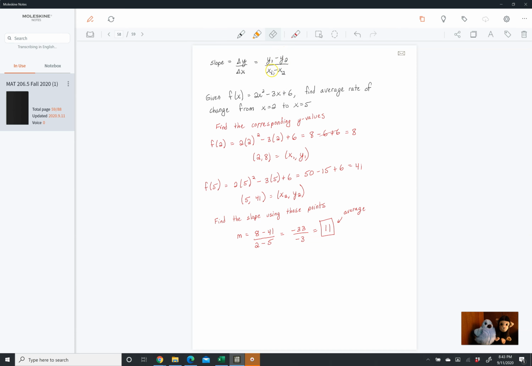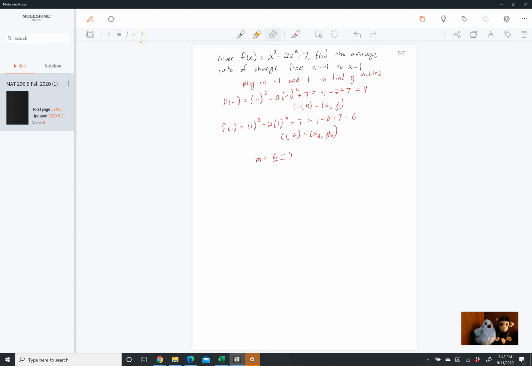It gives you the same answer because you wind up with just a negative over a negative. So 6 minus 4, as long as you're consistent, if you're putting this 6 first, then you have to put this 1 first. 1 minus negative 1. So this gives us 6 minus 4 over 1 plus 1. Okay, minus the negative is positive. This is 2 over 2, or 1. This is our slope. That's our average rate of change.